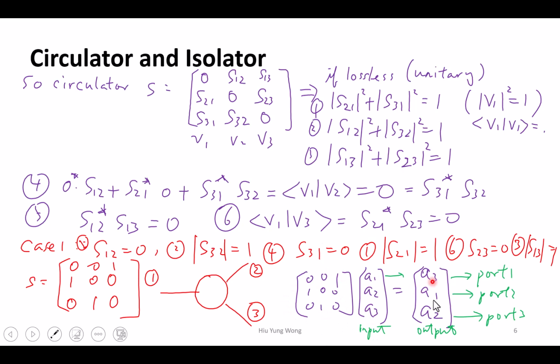After this scattering matrix, I have A3 at port 1, and then I have A1 at port 2, A2 at port 3. It means what was originally at port 3 emits from port 1. What was originally at port 1 emits at port 2. And what was originally at port 2 emits at port 3.